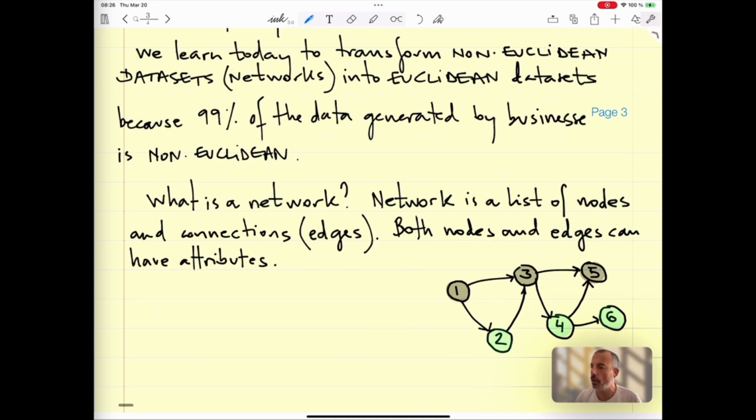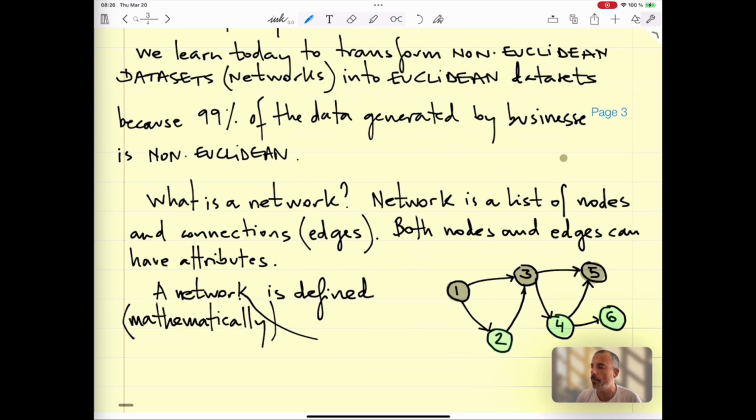A network is defined mathematically by a set, a group, of nodes and edges.